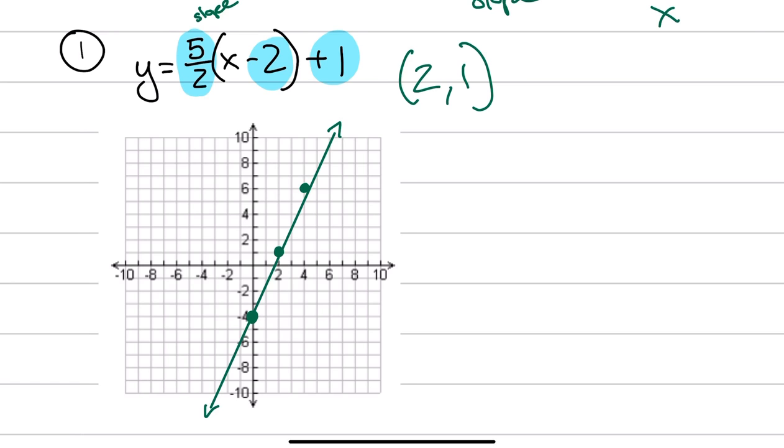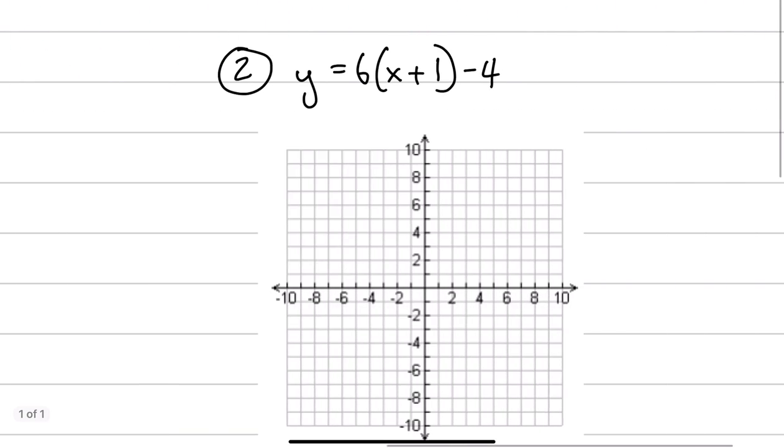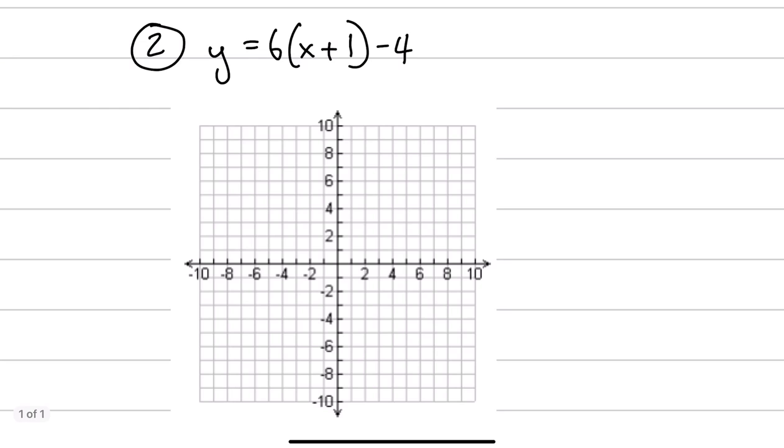Alrighty, let's take a look at number 2. All right, so we have y equals 6 times x plus 1 minus 4. Alrighty, so let's highlight a couple things in here again. I know 6 is going to be my slope. Our plus 1 is going to be our h. And our minus 4 is going to be the k. Okay, so this is our slope.